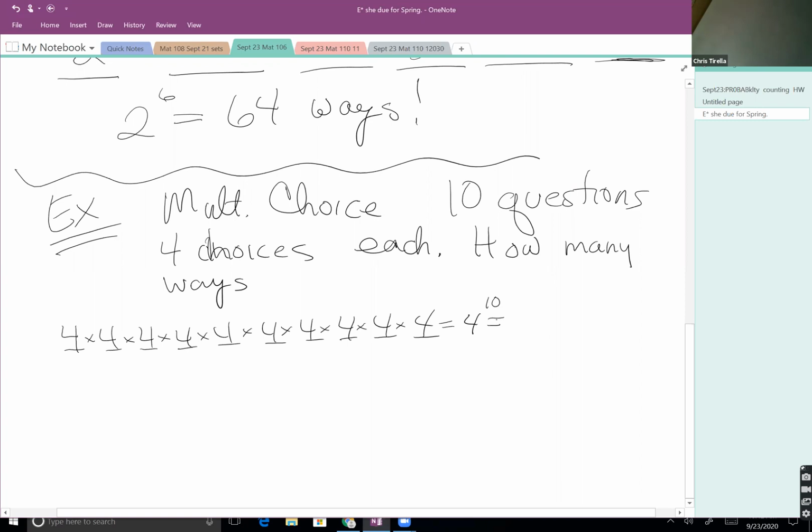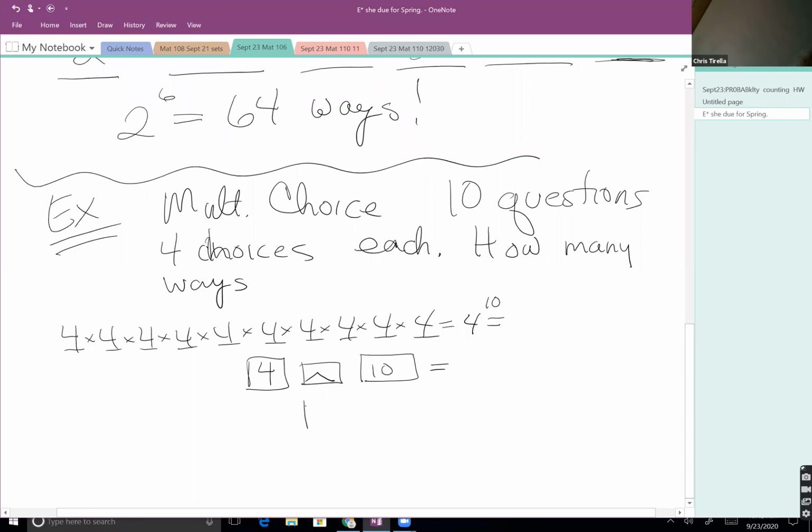And does anybody have a handy calculating machine that can figure that out? Most calculators, you're going to type the 4, and then a lot of calculators have an arrow up button, and you're going to type the number 10.